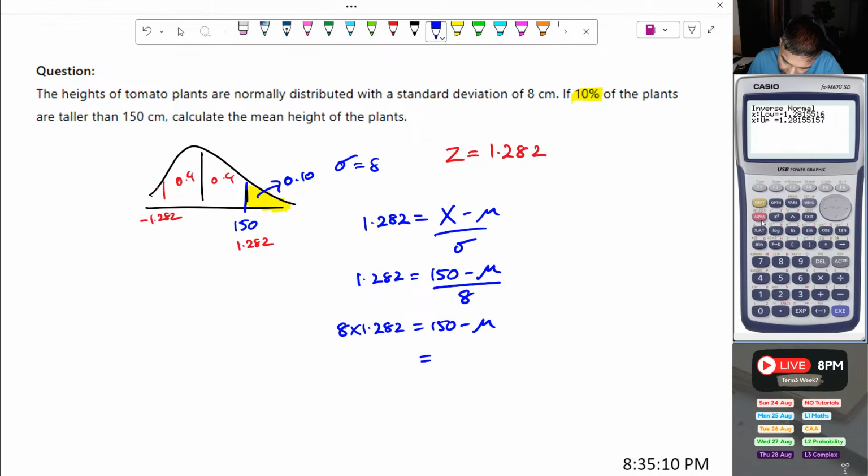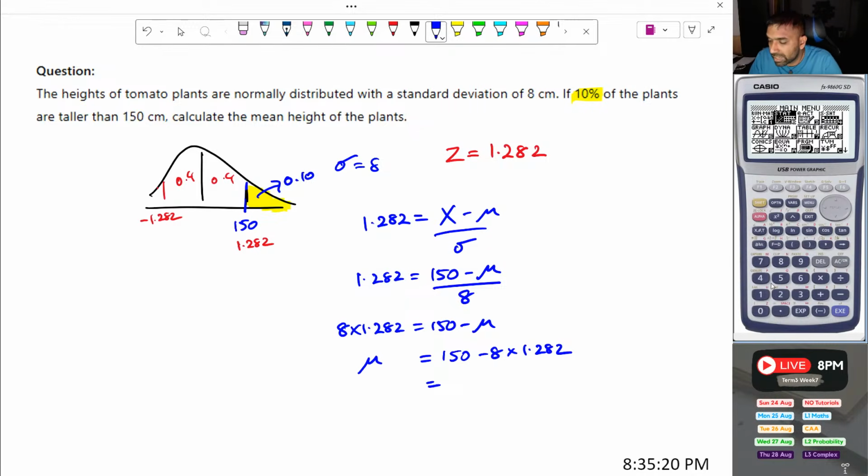I'm going to do it this way. You can also do it like this. So the mean is equal to 150 take away 8 times 1.282. Just another faster way to do this so that you save a little bit of time. So I'm going to go 150, take away 8 times 1.282, and I should get a mean of 139.744.